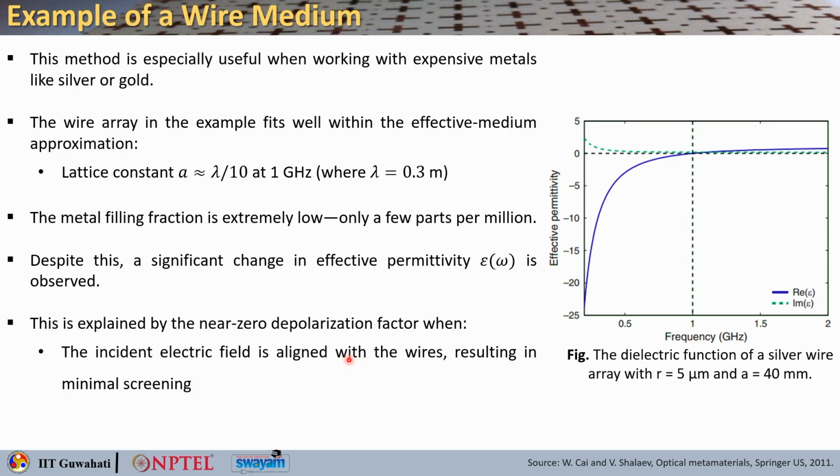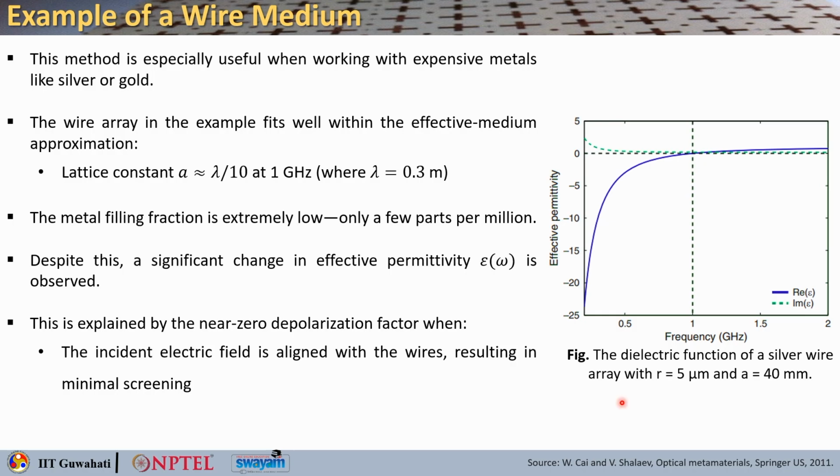Okay. So, this is explained by the near zero depolarization factor, when the incident electric field is basically aligned with the wires, and that results in minimal screening. Now, what is that depolarization factor? That basically refers to the internal electric field induced by the charges on the surface of a dielectric when an external field is applied. Okay.